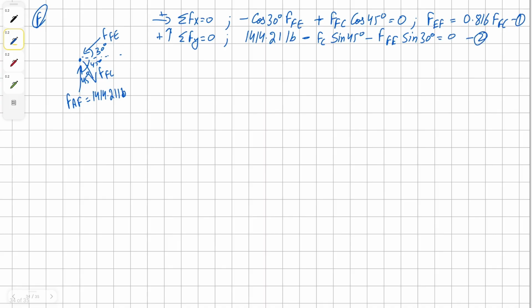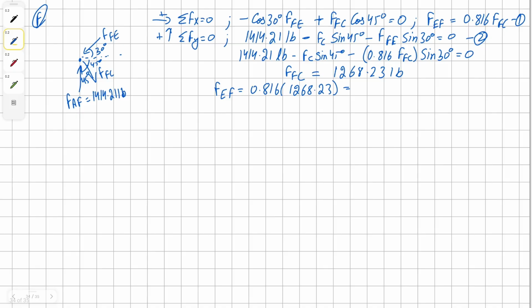Now we can plug the values of equation 1 to 2. So for FC, we get a solution as 1268.23 pounds. Now we can plug the value of FC into equation 1, and we get a value for EF as 1034.87 pounds. FC is in tension, EF is in compression.